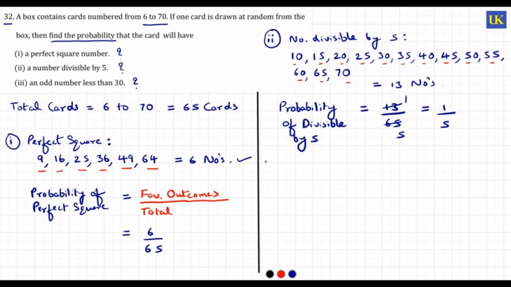Now we will see the third sub question: an odd number less than 30.